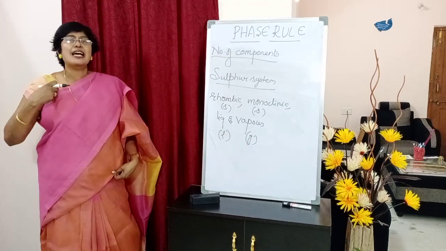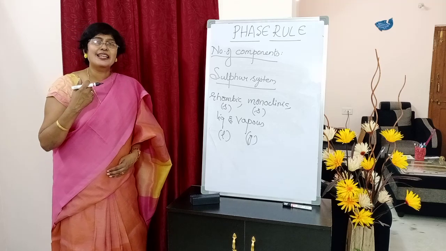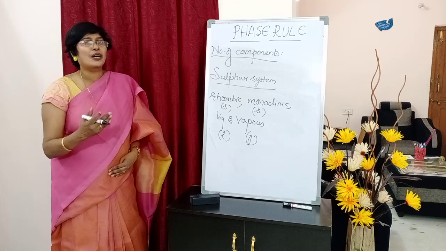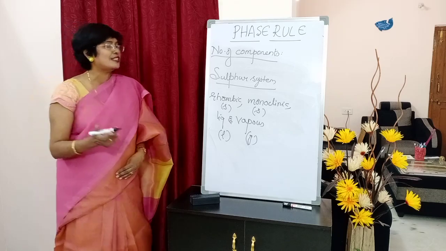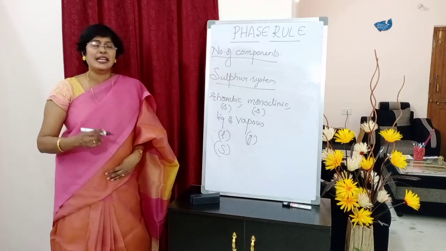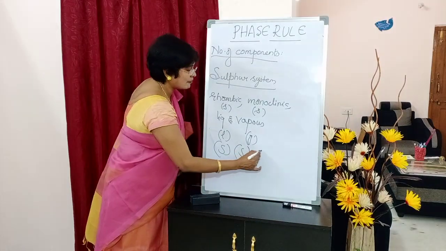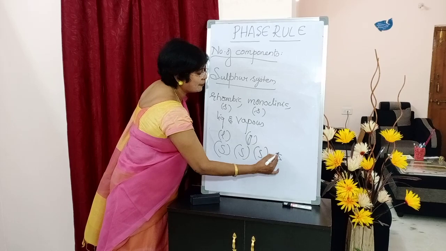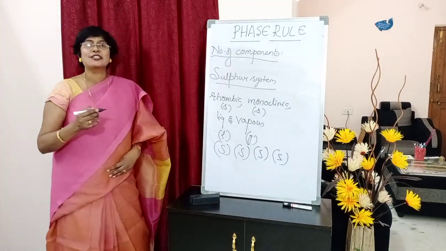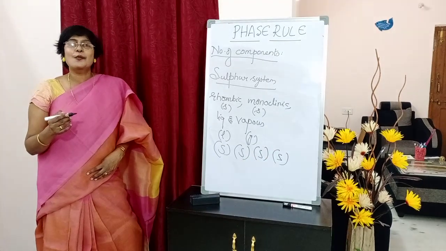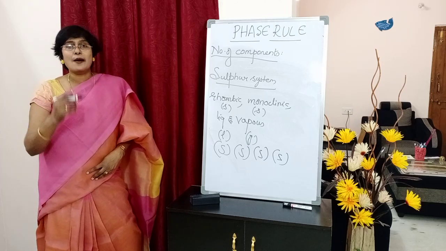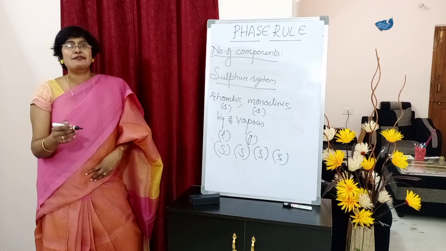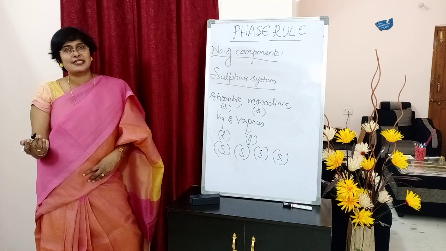Okay. So if I ask you what is the chemical that we require to explain rhombic phase of sulfur system, you can tell me sulfur. Next, monoclinic sulfur, liquid sulfur and vapor, sulfur in vapor phase, it is also sulfur. So how many components or how many chemicals do we require to explain the composition of each phase present in sulfur system, students?